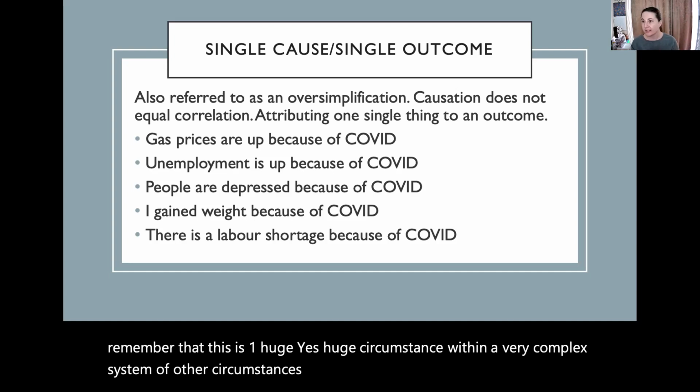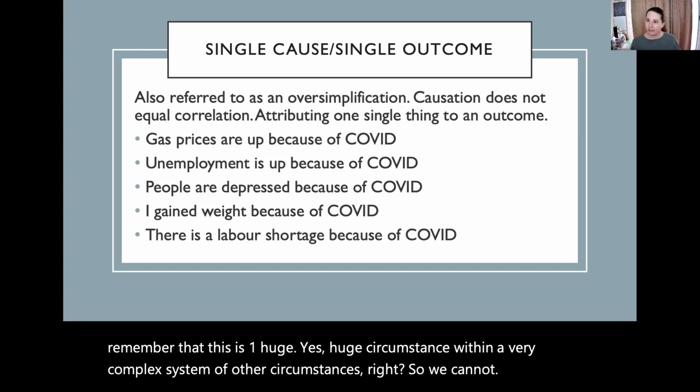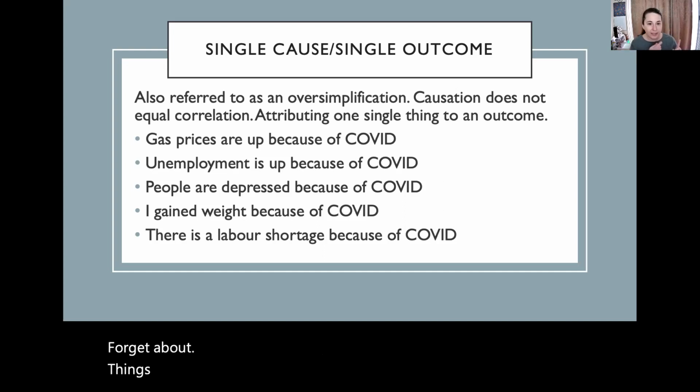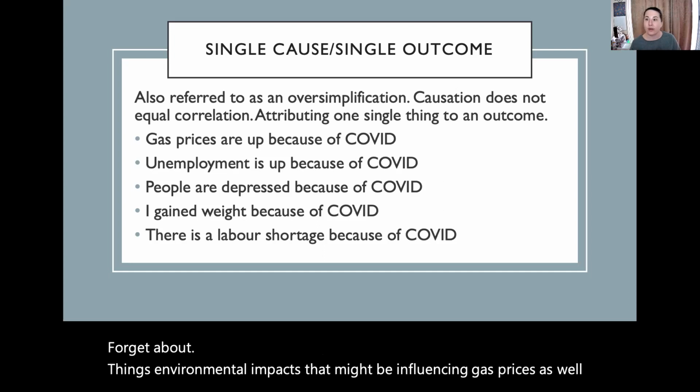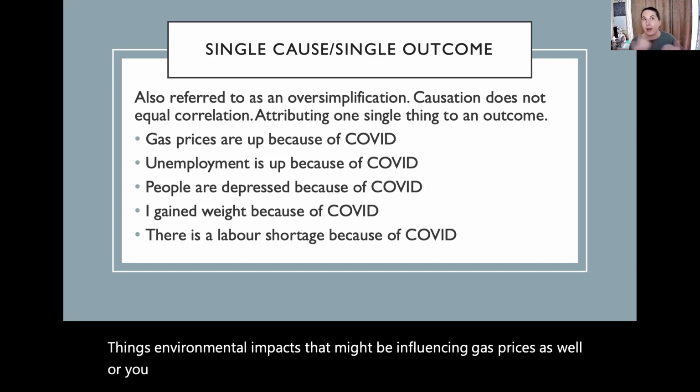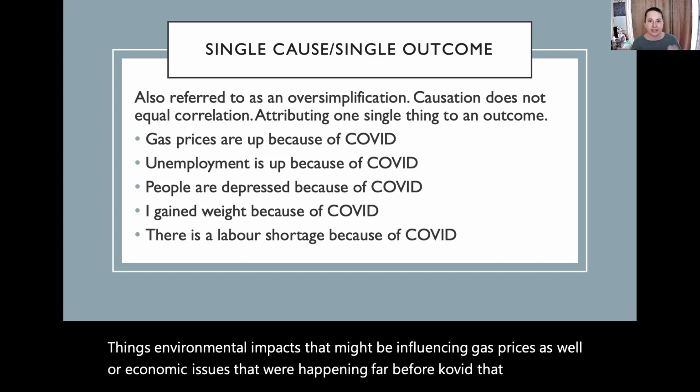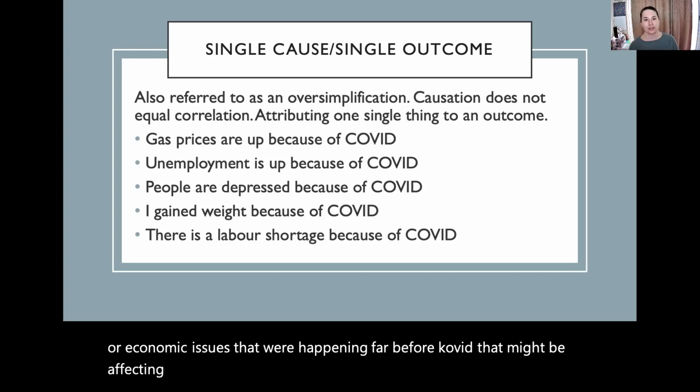So we cannot forget about things like environmental impacts that might be influencing gas prices as well, or economic issues that were happening far before COVID that might be affecting unemployment as well as COVID.